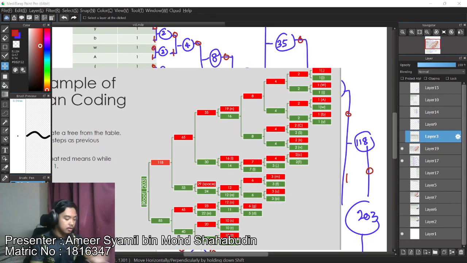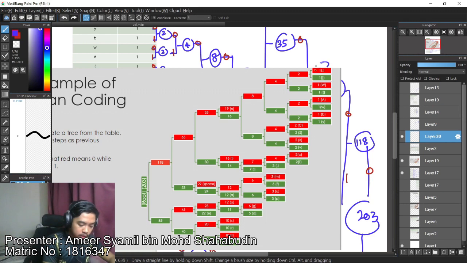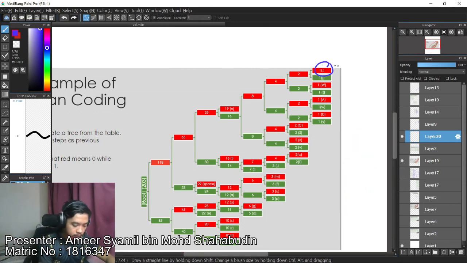From the tree, you can see that the red will be the zeros and the green will be the ones. For example, if we want to encode the dot over there, we follow the flow. The red means 0, the green means 1.